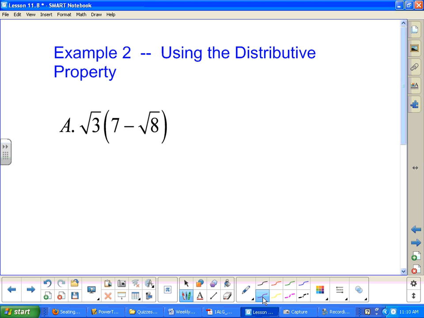So let's take it one slow step at a time then, with our writing of them. So we're going to multiply 3, square root of 3, and 7 together. Now, the 7, it's not under the radical, is it? So is it going to go under the radical with the 3 or in front of the radical? It's going to go in front. So this is going to be 7 times the square root of 3.